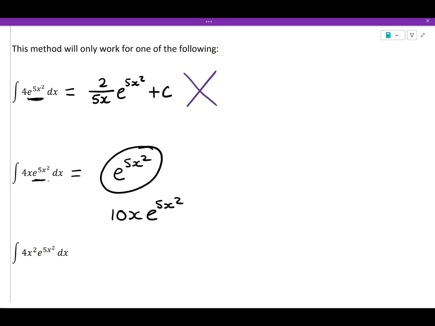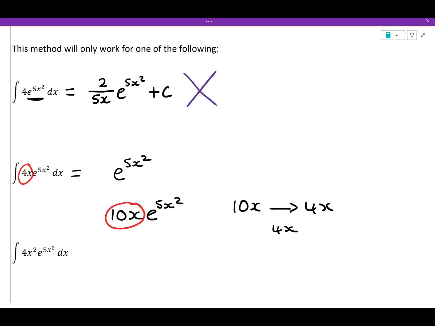Then we're going to do our comparison step. Here we've got 10x multiplying our e function. Here we've got 4x. So how do I get from 10x to 4x? Well, let's do division. We'll do 4x divided by 10x, which simplifies to 2 over 5 like that. So I'm going to put this 2 over 5 in my answer, multiplying our e function, and then it should be plus c.